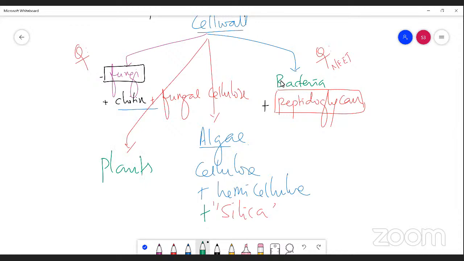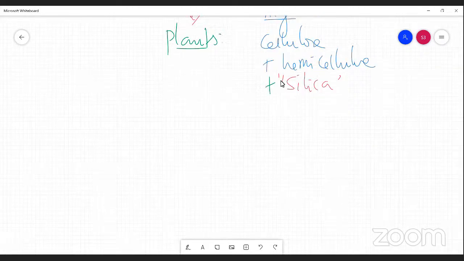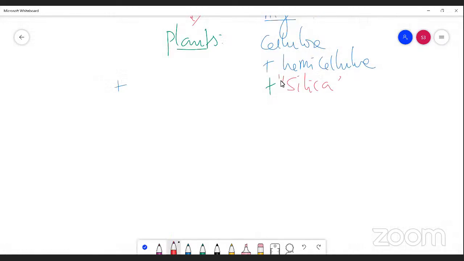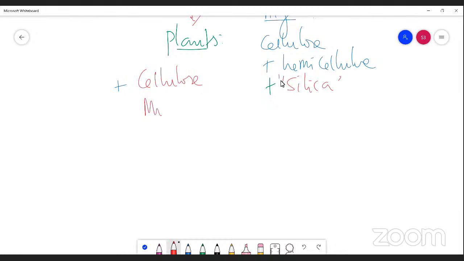It's time to discuss the cell wall of higher plants. Simply, it is made of cellulose, particularly microfibrils.